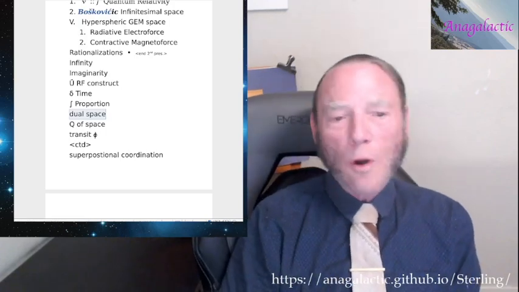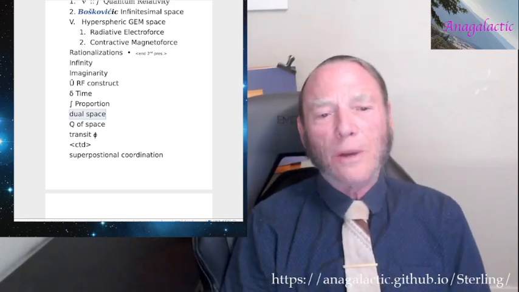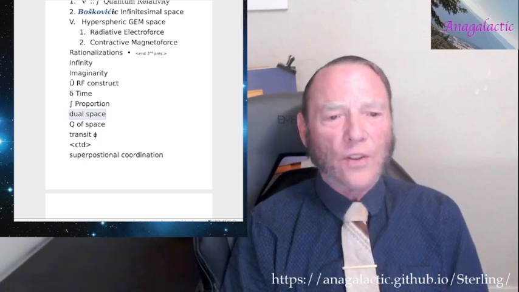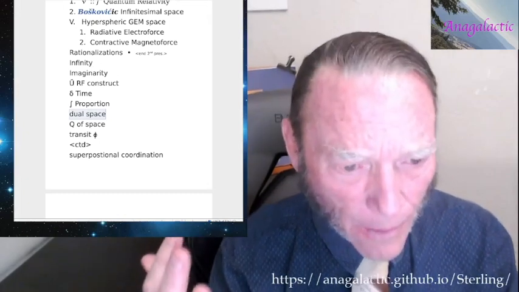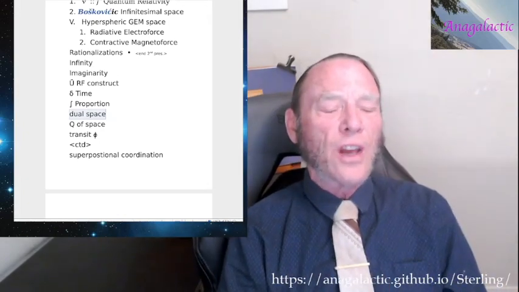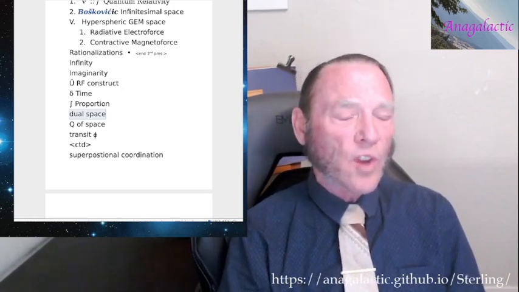But if you get the integral of proportional space, then you get the actual definition of the universe, and from there you can move to dual space. Normally we now consider that to be time and space woven together. That is an illusion. It is an error. So there's no such thing as the construction of dual space, with the word time in it.